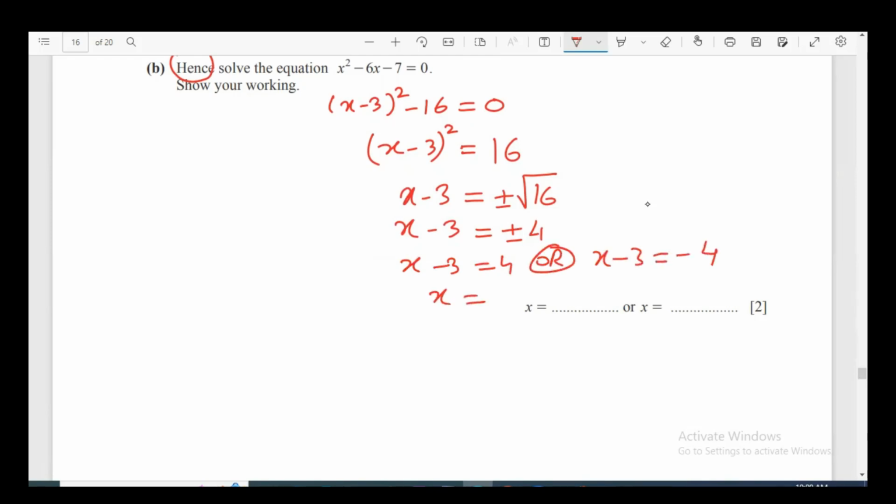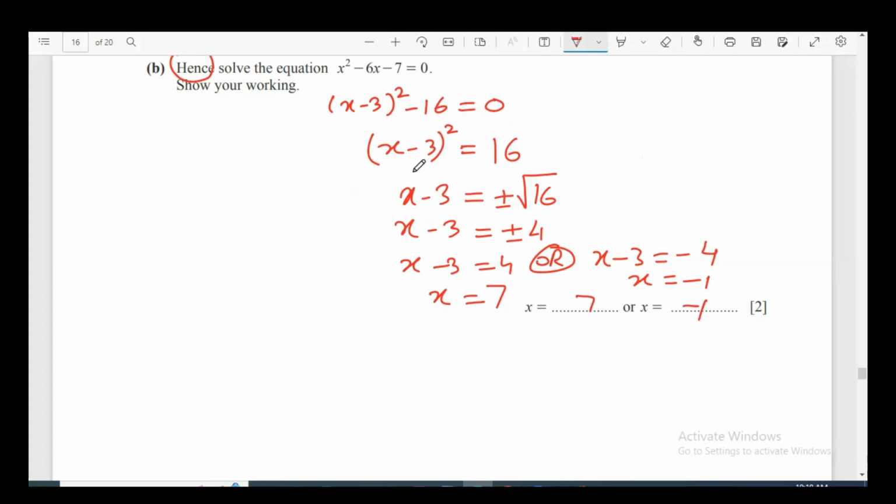So x equals 4 plus 3 is 7, or x equals minus 4 plus 3 is minus 1. So 7 and minus 1 are the final answers.